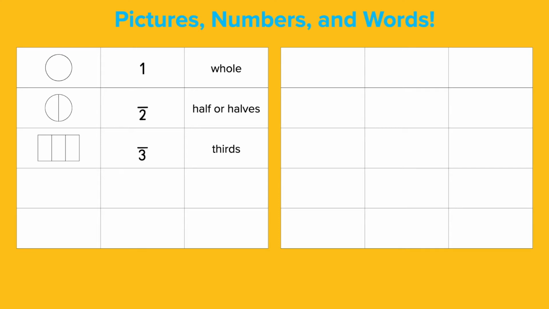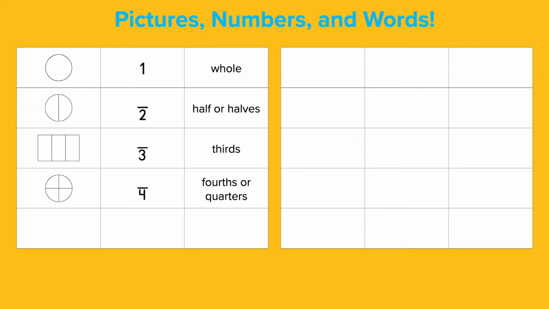If something has been divided into 3 equal parts, we use 3 as our denominator, and we use the word thirds.